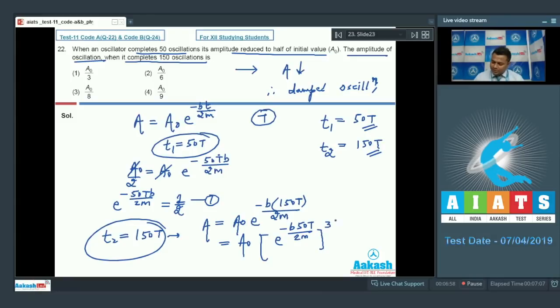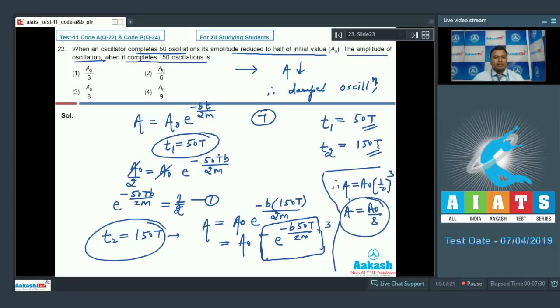Now this particular thing, 50 bT upon 2m, we already have written as 1 by 2. So A equals A naught into 1 by 2 cube, and A will be given as A naught upon 8. Therefore option number 3 is absolutely correct, we will go with the third option, A naught upon 8.